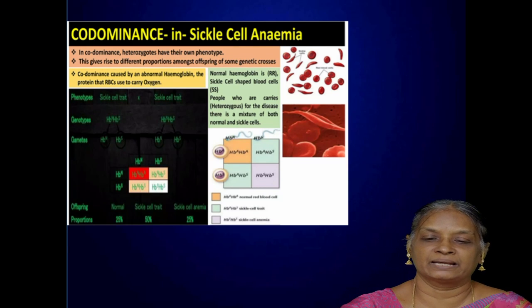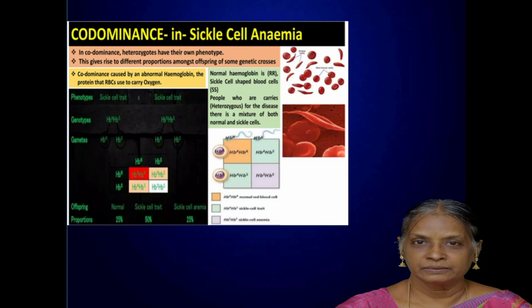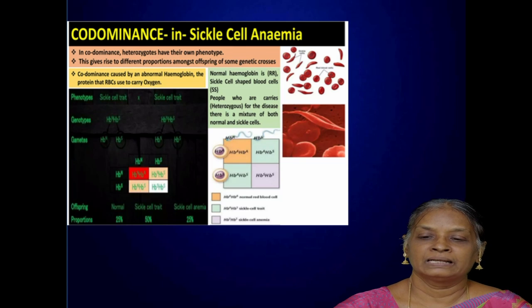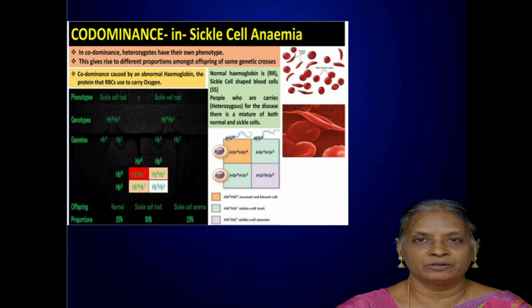And another example is the inheritance of sickle cell anemia. Anemia, we know, represents a low level of hemoglobin in the blood. Hemoglobin is a respiratory pigment which transports oxygen to all parts of the body. Normal RBCs carry oxygen very effectively, and they are biconcave in shape.